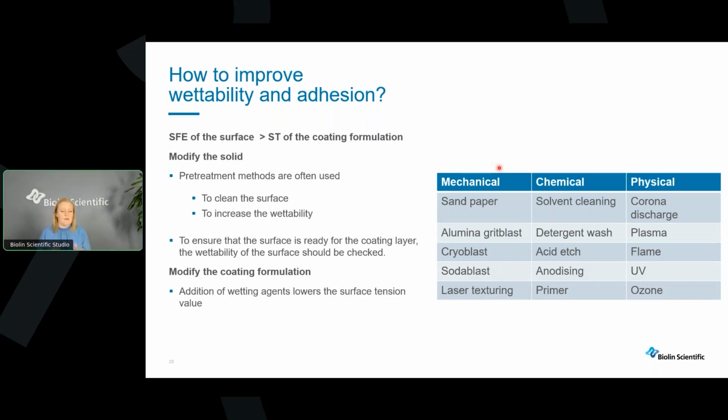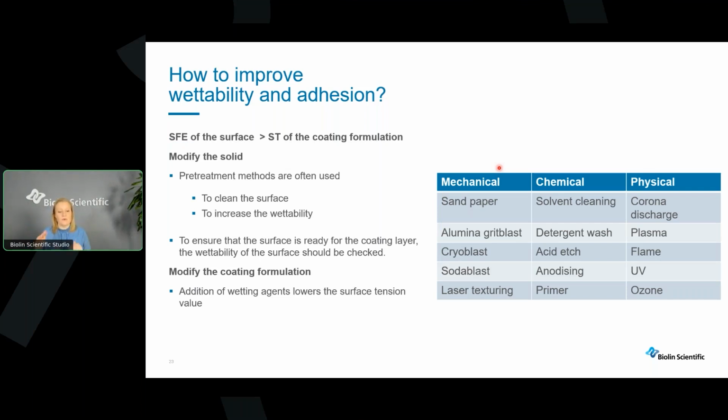Yeah, this one I already went through a little bit. So of course, when we are thinking about a situation where we would like to do some sort of coating of the surface, maybe we have done our measurements, and we see that the surface free energy is way too low for this coating formulation.